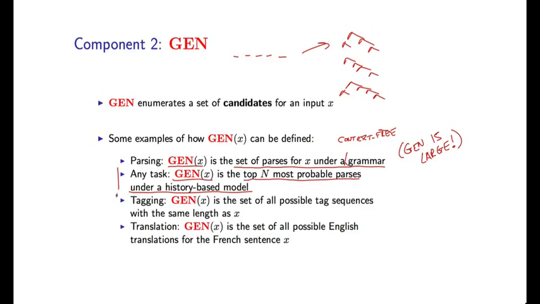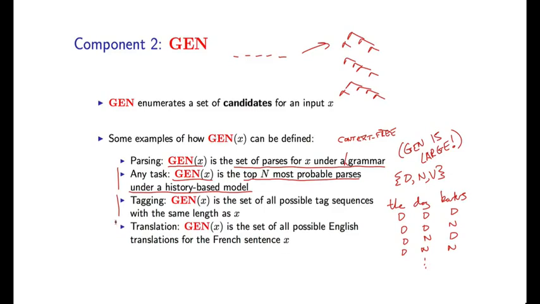In tagging, we could define GEN(x) to be the set of all possible tag sequences for an input sentence. So if we have, say, "the dog barks", and the set of tags we have is D and V, then we have basically every possible tag sequence as GEN. Again, this set is quickly going to get very, very large. It's going to grow exponentially quickly with respect to the length of the sentence.